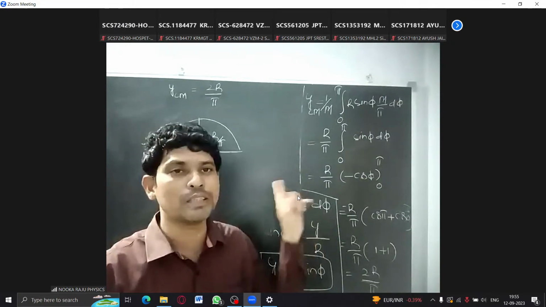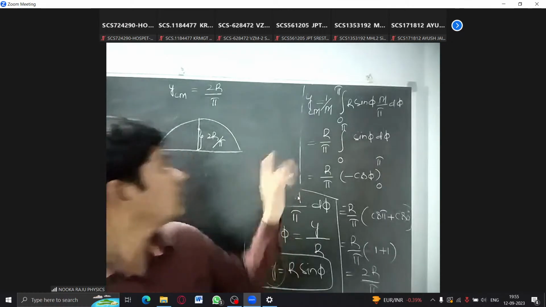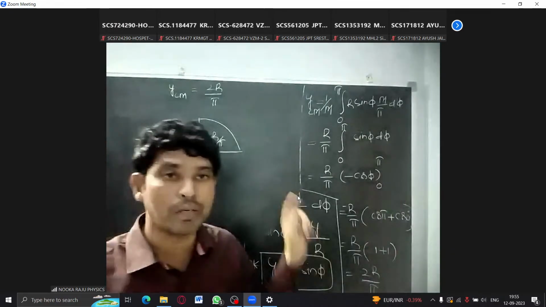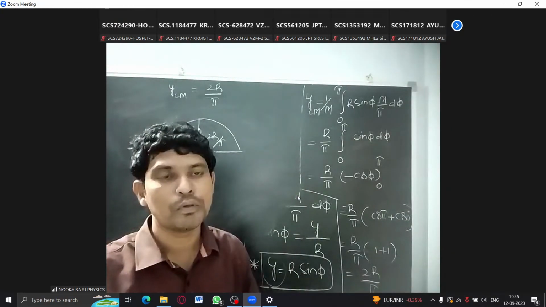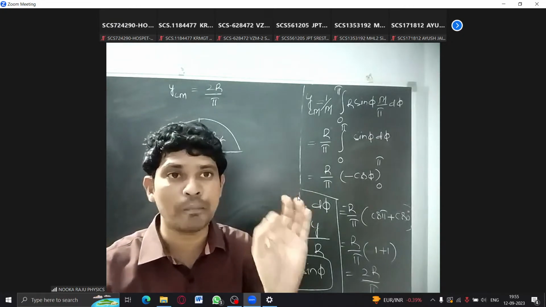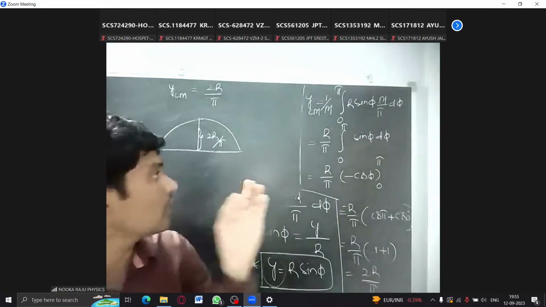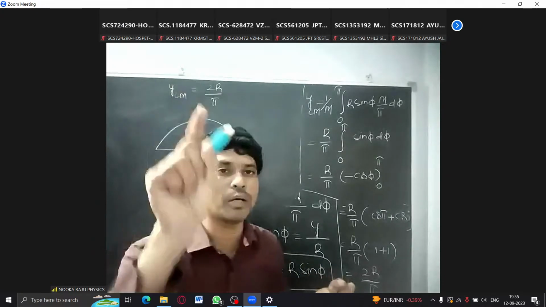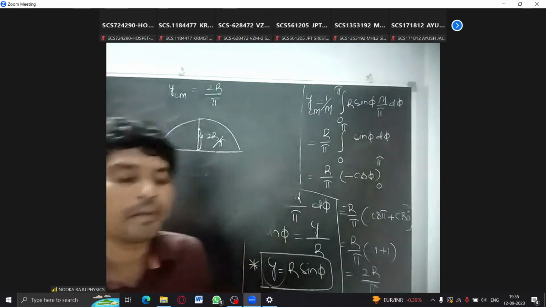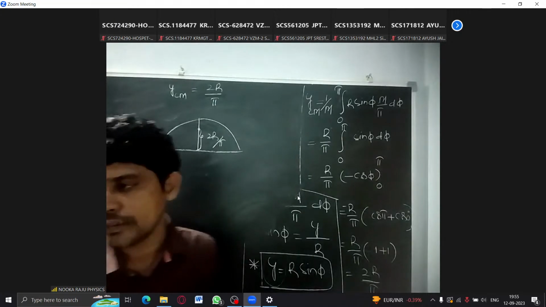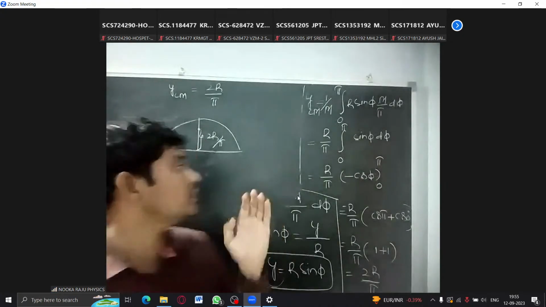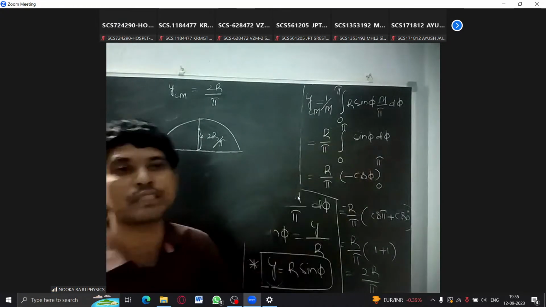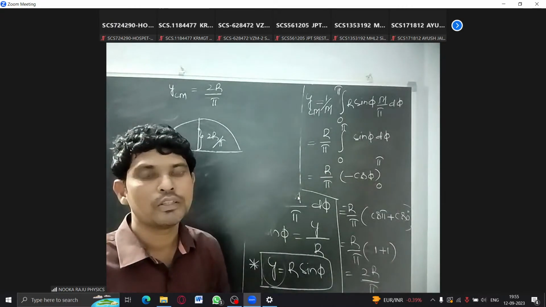So this is the ultimate derivation or formula. Remember this formula directly also. What is the center of mass of a semicircular ring? Directly remember 2r by pi. I want to utilize the same value to establish the next one also. Should be clear?